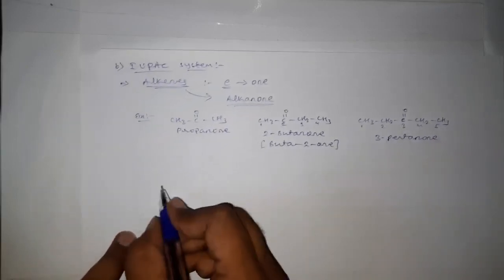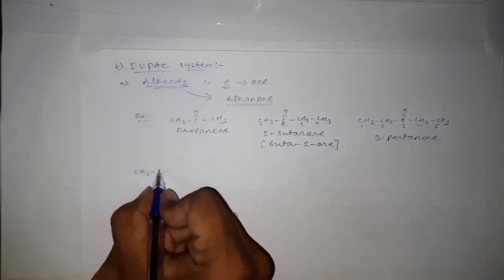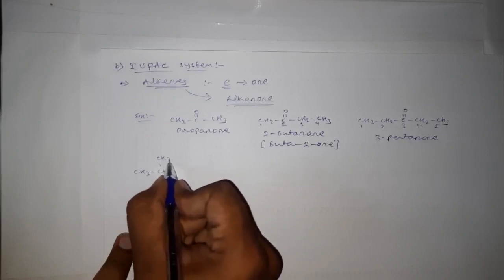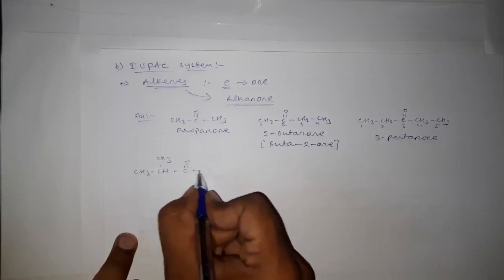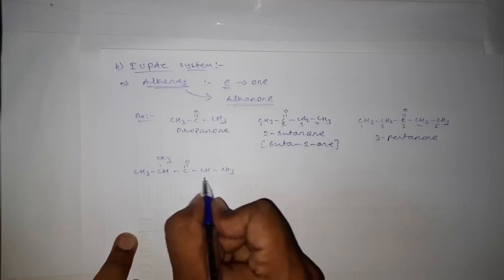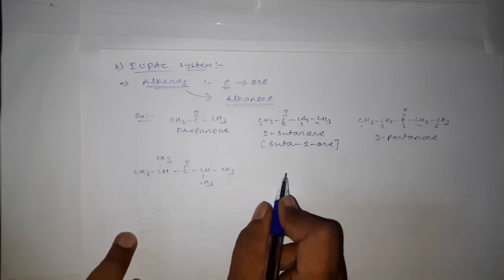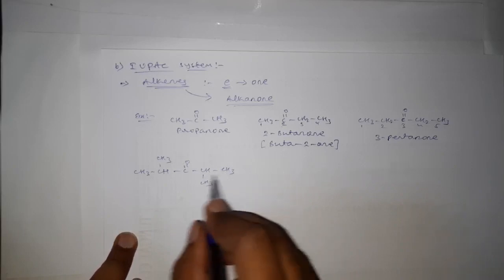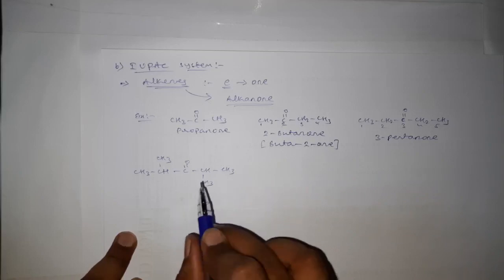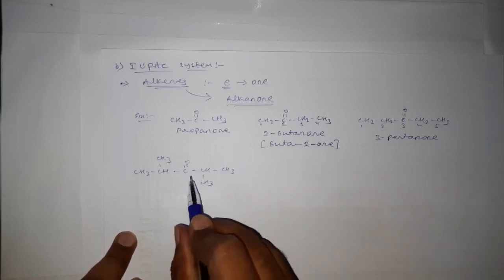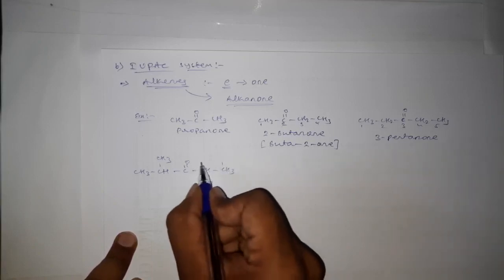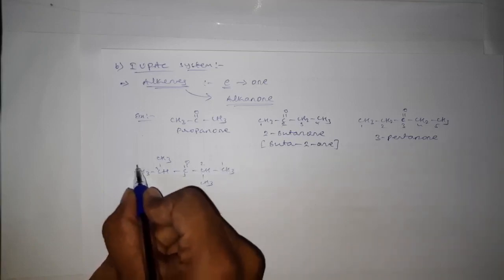Okay, and if substituents are there like CH3 CH CH3 C double bond O CH CH3 CH3, if substituents are there, then there also we have to start numbering the chain which is containing the carbonyl group, and the carbonyl group should get the least number, 1 2 3 4 5.